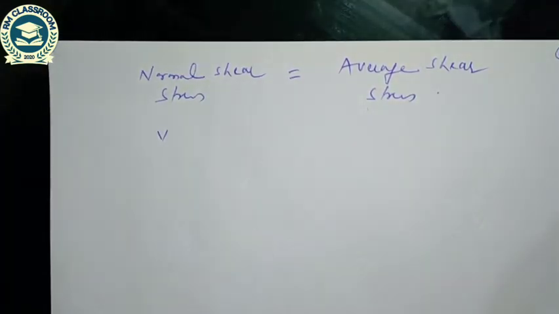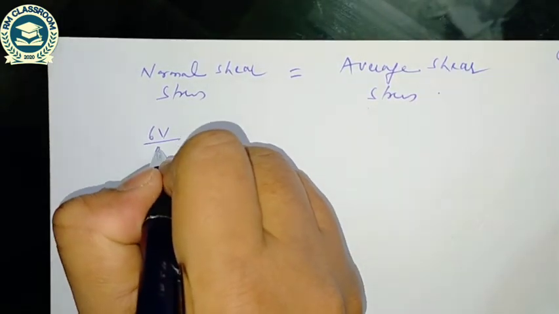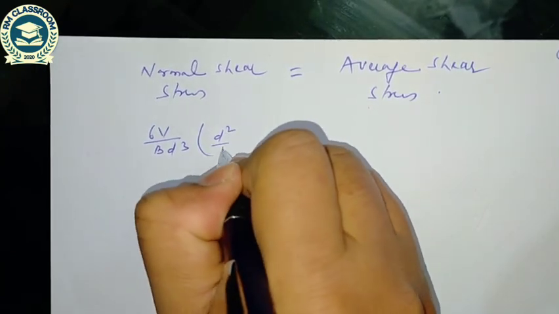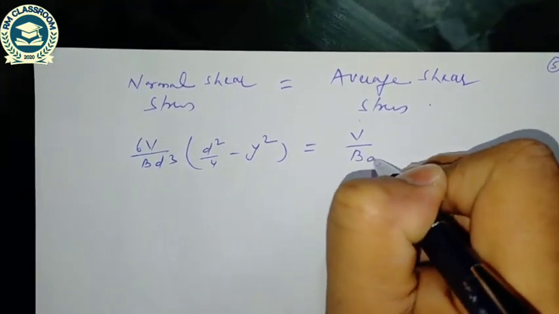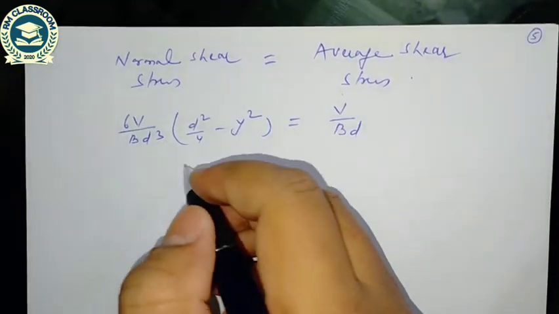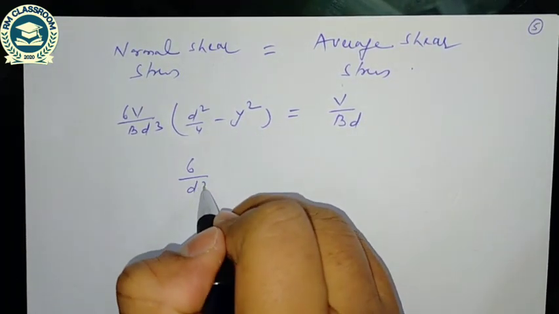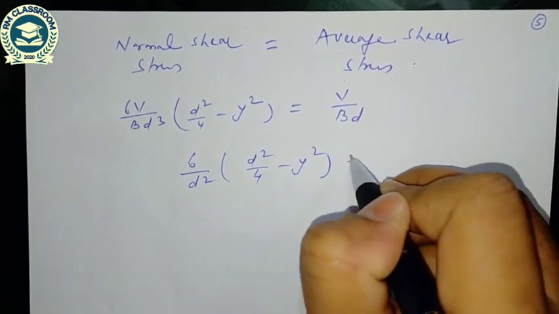Normal shear stress is 6V by B into d cubed, times d square by 4 minus y square, and average shear stress is V by B into D. So V cancels, B cancels, so 6 by d square into d square by 4 minus y square is equal to 1.